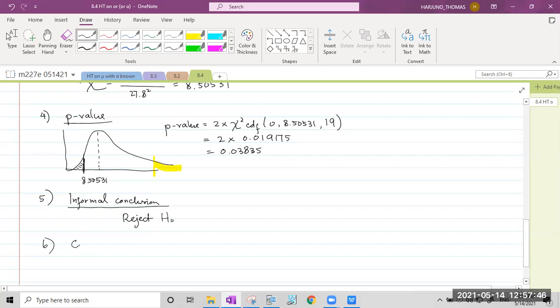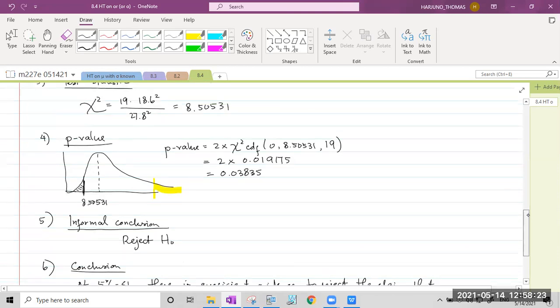So the conclusion: at 5% significance level, there is sufficient evidence to reject the claim that, okay, let me copy paste the claim.